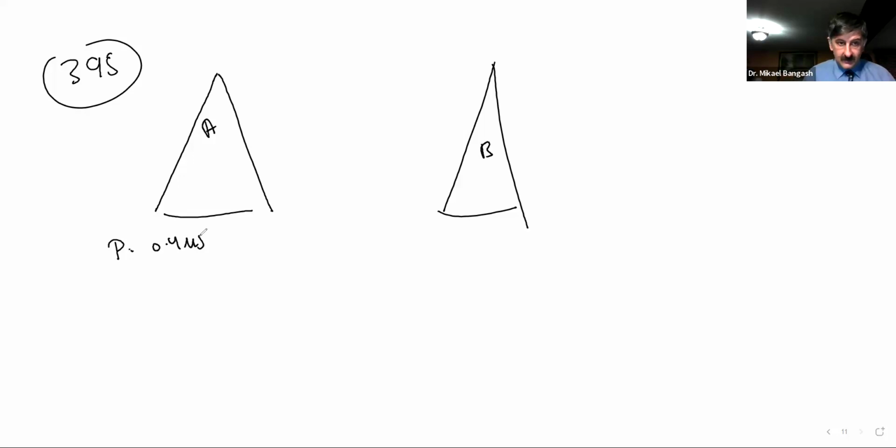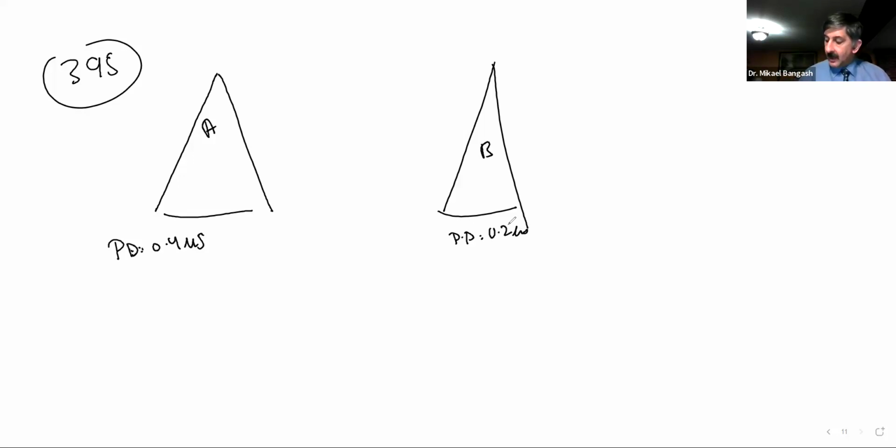Assume this is going to be your pulse duration. The other has 0.2 microseconds.